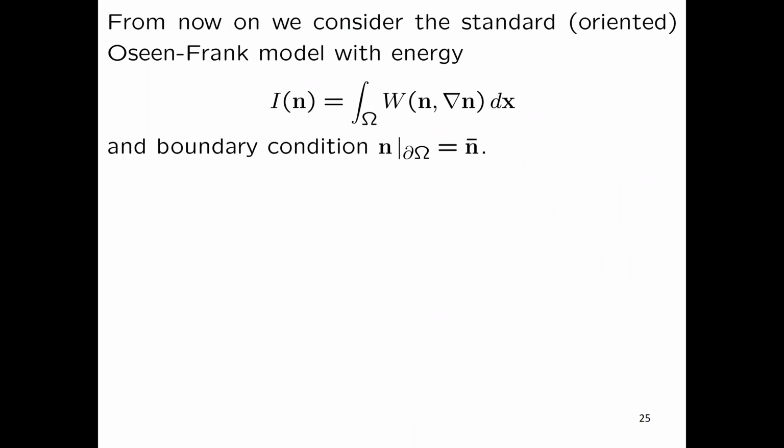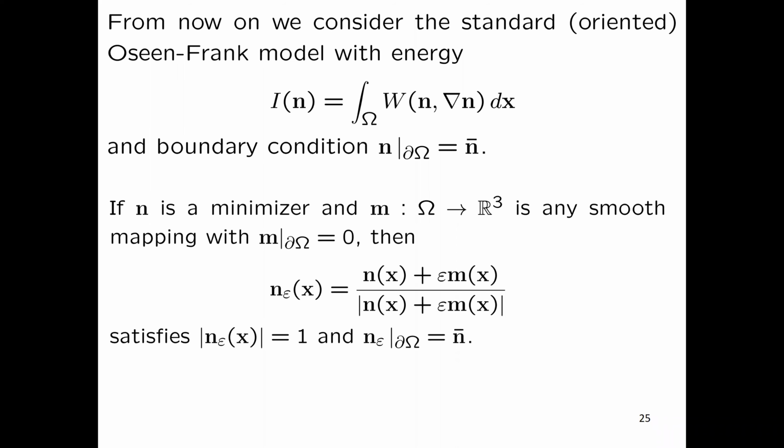So from now on, we're going to consider the standard oriented Oseen-Frank model with this energy and boundary condition where n is specified on the boundary. So let's suppose that we've got a minimizer of this problem, and we take any smooth map, not necessarily a unit vector field. In fact, it won't be a unit vector field because I want it to be 0 on the boundary.